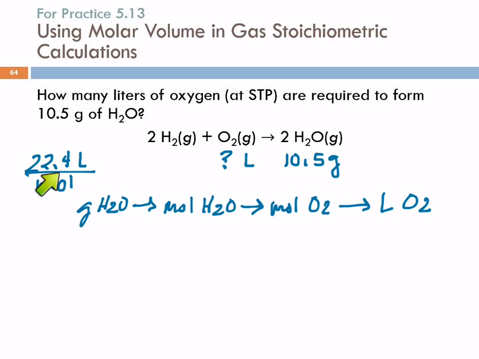This is nice because this is all just one little conversion, and so I can just string this out and calculate liters without having to dig around in the ideal gas law. So 10.5 grams of water, 3 arrows, 3 conversion factors.